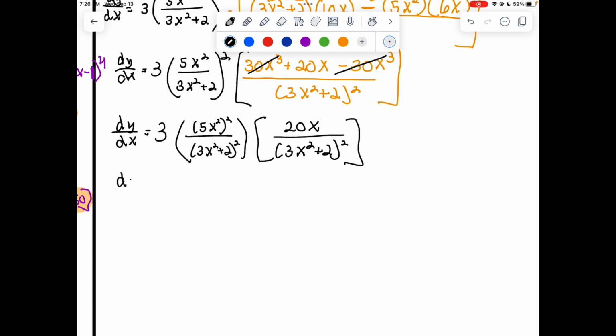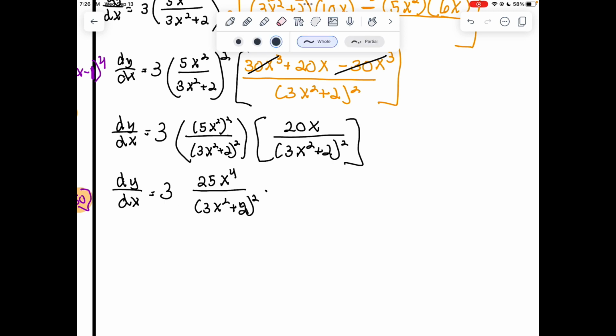All right, remember when we take something to a power, you distribute that power to each base. So that's going to be 25x to the 4th over 3x squared plus 2 to the 4th power. Or to the 2nd power. I said 4th, didn't I? To the 2nd power. And then I'm going to times that by our 20x over 3x squared plus 2 quantity squared.